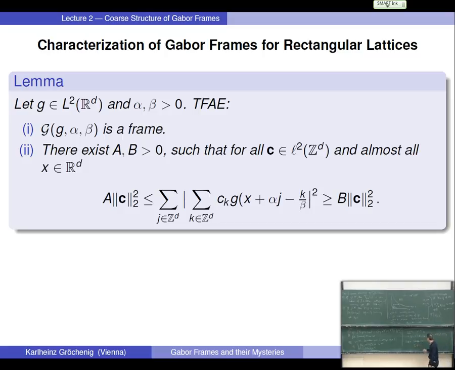So this means that the sum over lambda of the squared inner products of gamma with pi lambda g is less than or equal to 1. So all the other time frequency shifts have coefficient 0. So this is a representation with the smallest coefficients of smallest L2 norm.